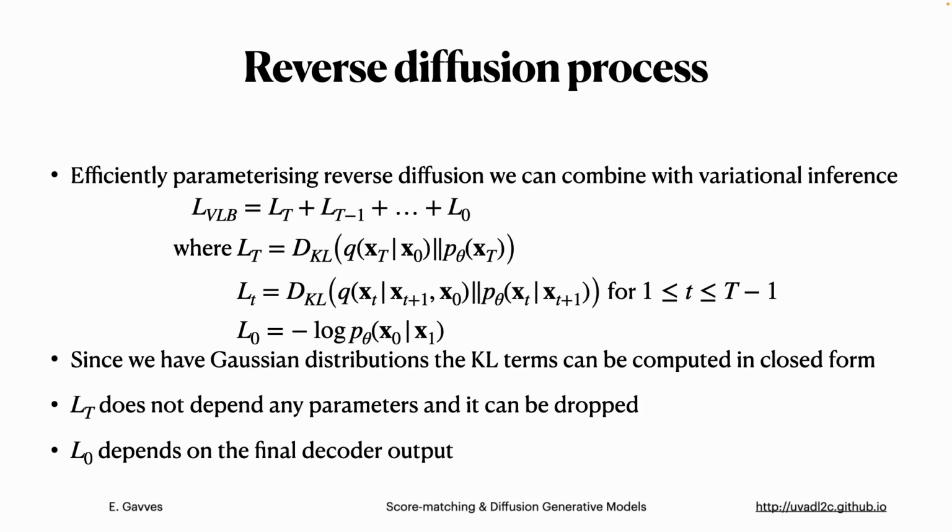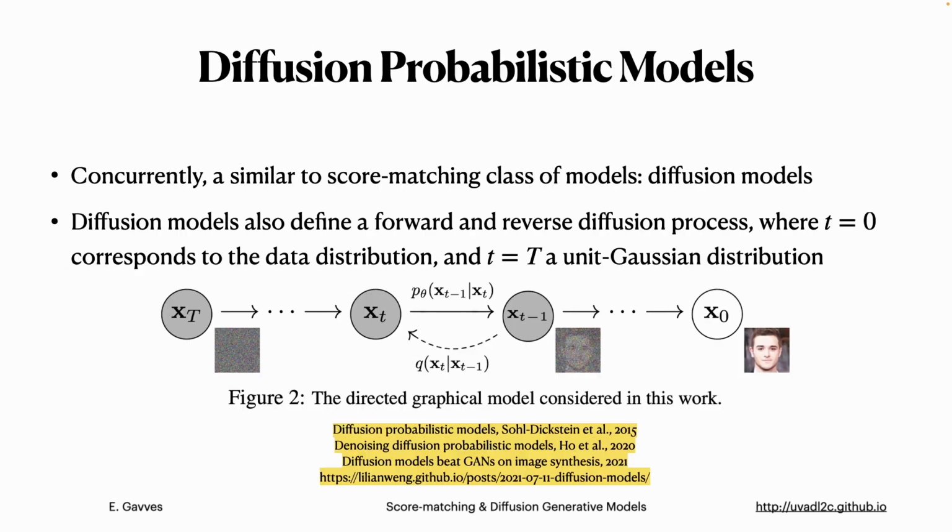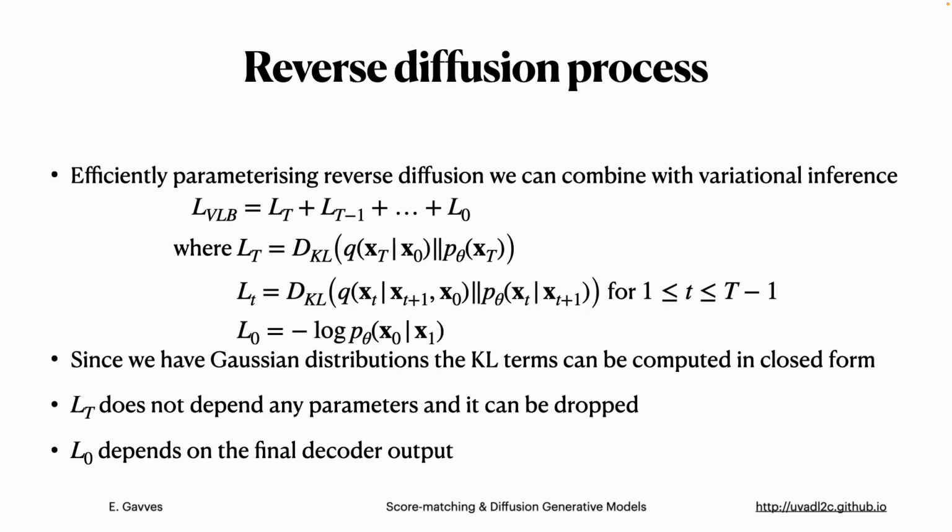Now for the reverse diffusion process, the method was using variational inference, trying to minimize the KL divergences between each pair of time steps. For the prior distribution, it's like xt, x0.